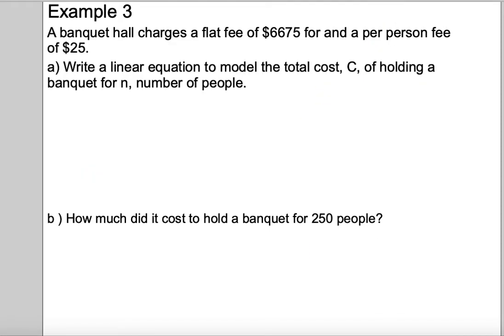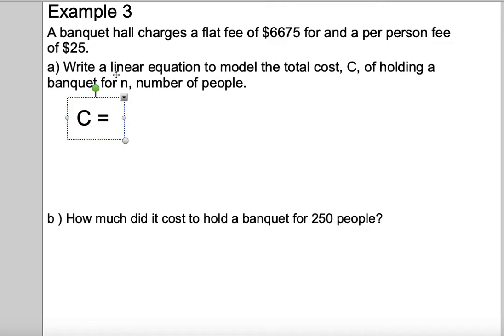Example 3, a banquet hall charges a flat fee of $6,675 for the hall and a per person fee of $25. Write a linear equation to model the cost of holding a banquet for n number of people. So we are being asked to write an equation that models cost for n number of people.